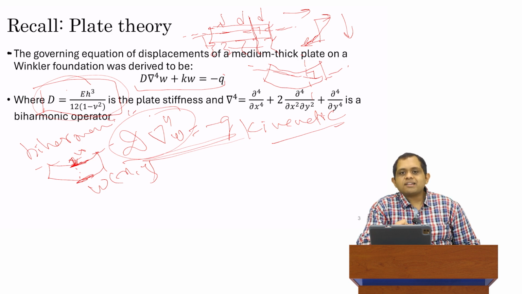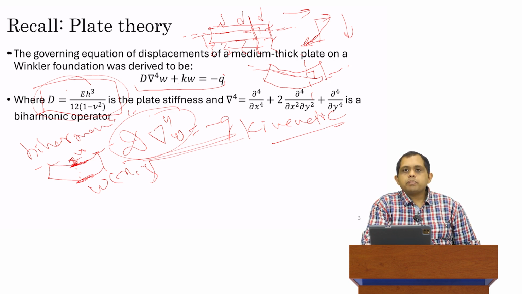So we model the subgrade as what we call a Winkler foundation or a dense liquid foundation. And what that basically tells us is that the stress is going to be proportional to the displacement. So as the slab undergoes some displacement, it pushes against the subgrade. The subgrade in turn is going to return some reaction, whose stress is going to be equal to Kw.